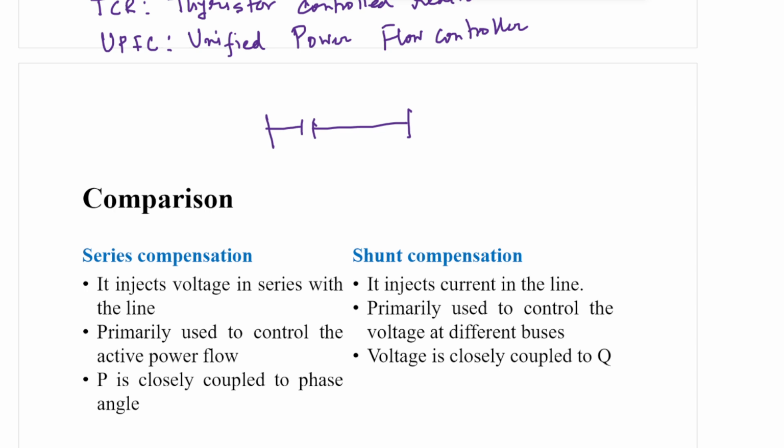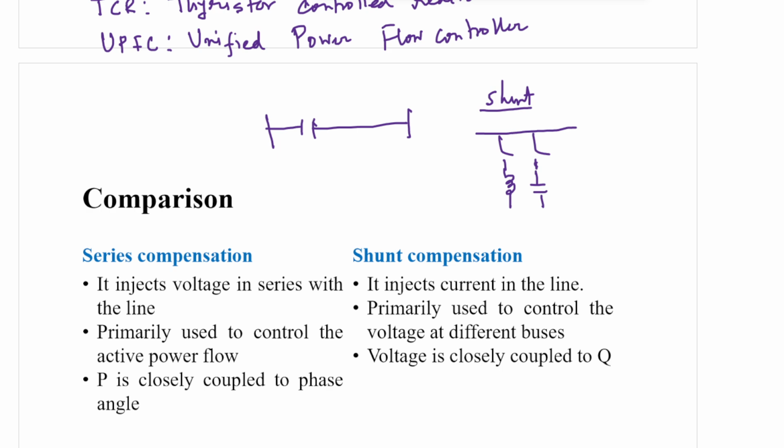And now what does shunt compensation do? Suppose this is the line, we have a reactor or maybe a capacitor in parallel with that line.